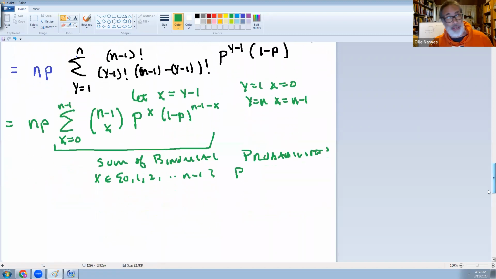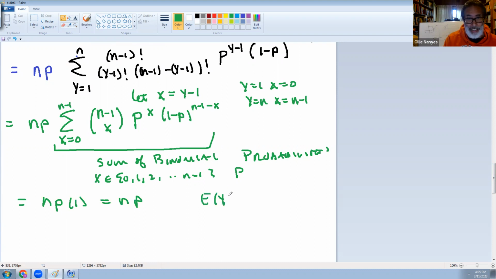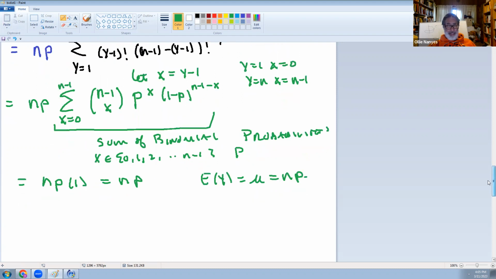And we know that when you sum the binomial probabilities, that's equal to 1, so we get n times p times 1. So the expectation, which is the mean, is equal to np. Okay, so far so good. So the next question is, what about the variance?